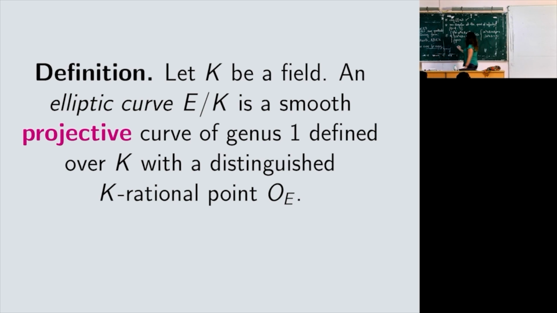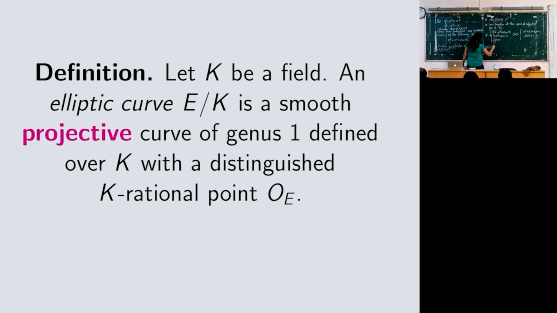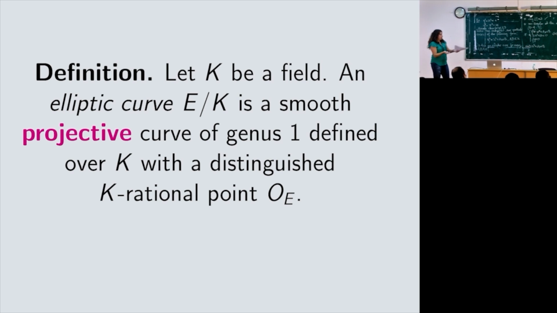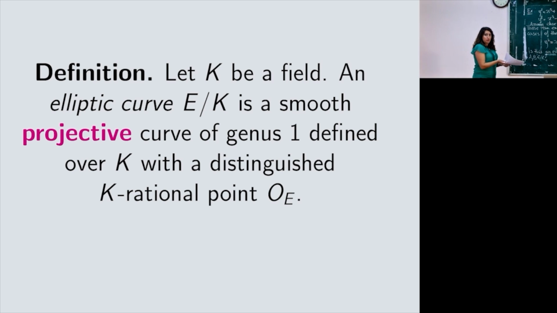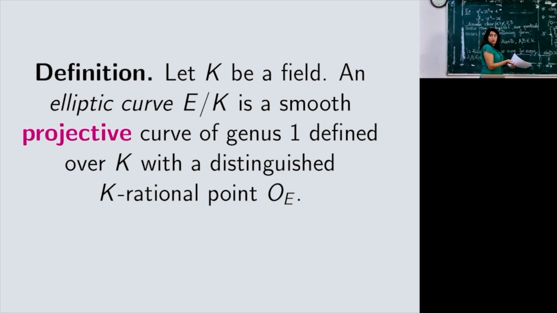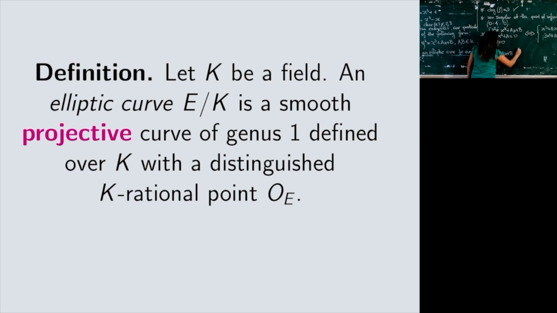So if and only if the polynomial, so when a polynomial in one variable and its derivative are both equal to 0, it means that the polynomial has a double root, right? So it has a double root.